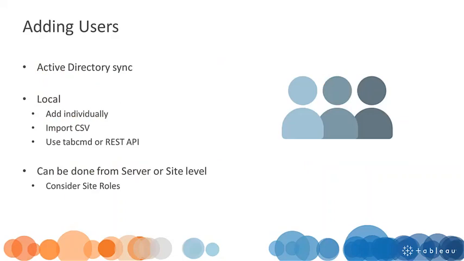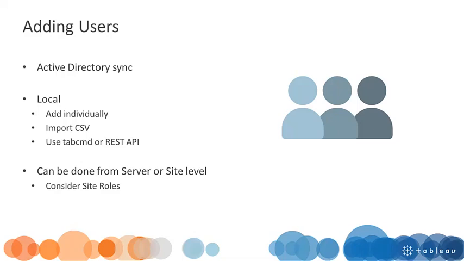As you're setting your server up, you're probably going to want to add users. There are a couple of different ways that you can do this. If you're leveraging Active Directory and you've set up your Tableau Server with an external identity store, you can sync directly to your Active Directory to take advantage of things like your users or the groups that you've set up.